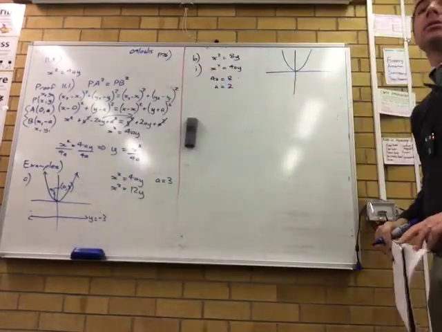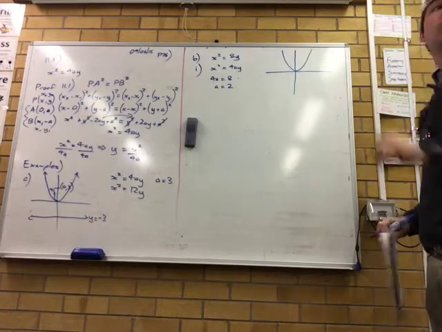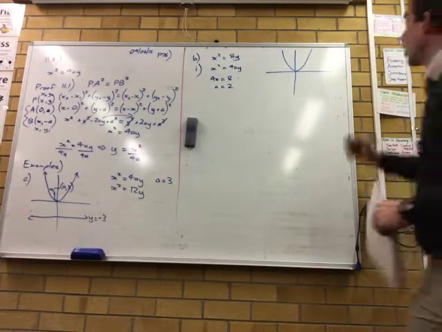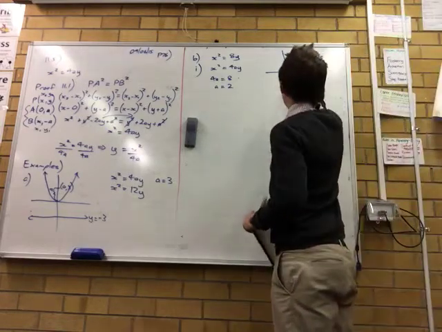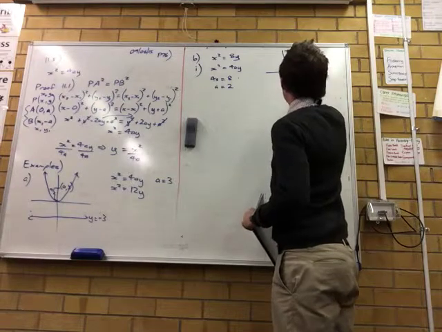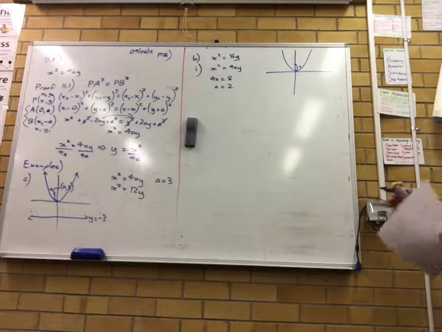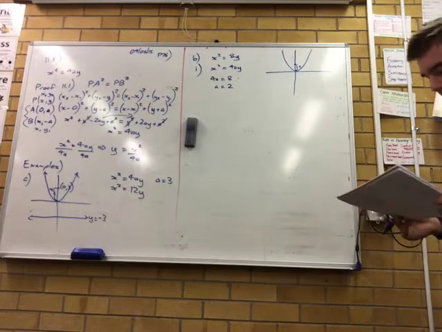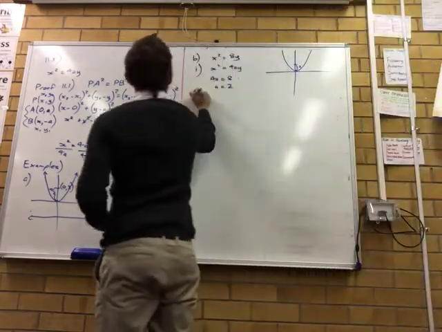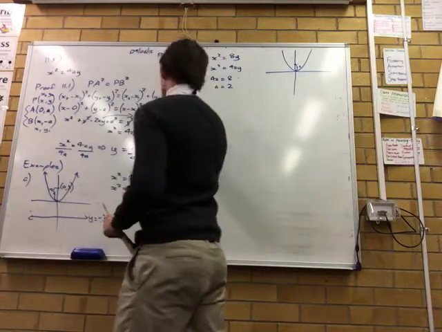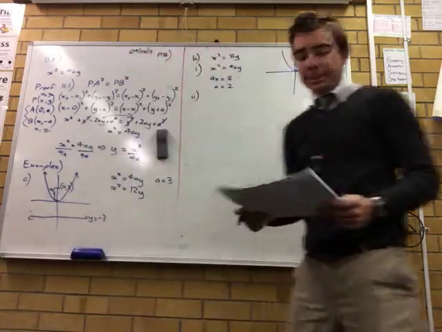So the focal length, the distance from the vertex to the focus for this particular parabola, is 2 units. That's the focal length. So the focal length is just finding the variable a.